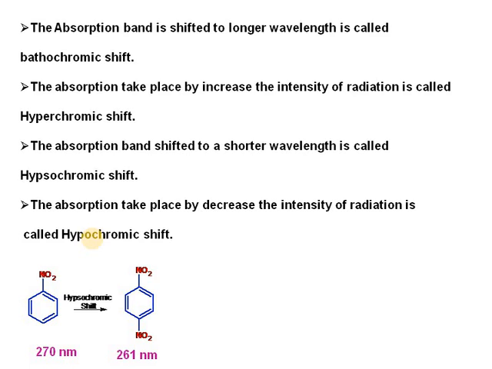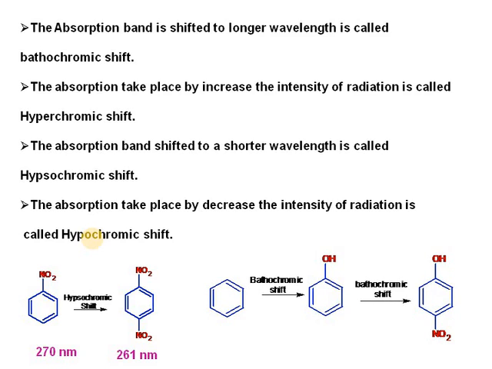Right? The next example we have is benzene. This benzene is converted to phenol, and phenol is converted to para-nitrophenol. But for this benzene, there is no functional group on it. Therefore, it has a lower wavelength, and it shows a bathochromic shift when converted to phenol.